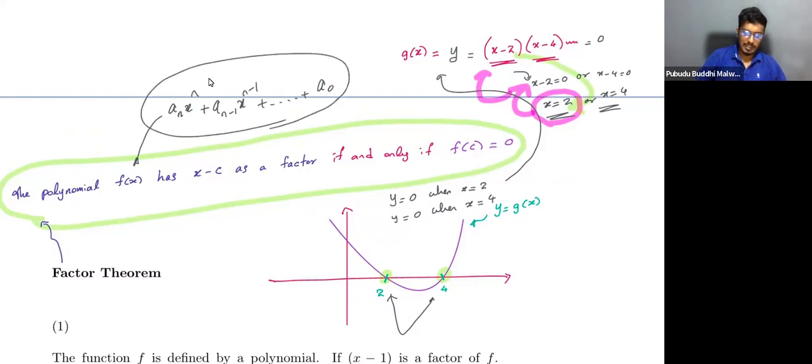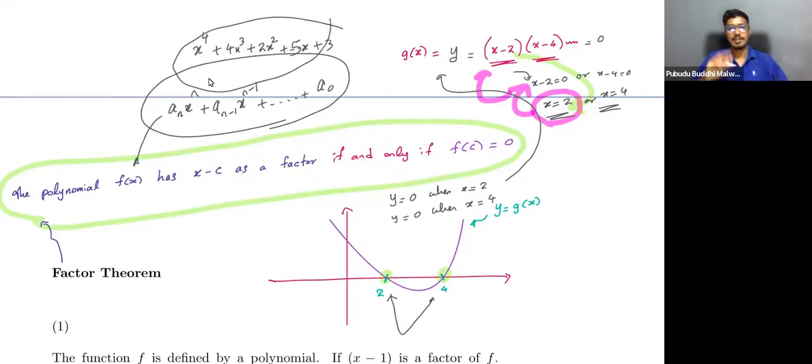Something like this, x to the power of 4 plus 4x cubed plus 2x squared plus 5x plus 3. That's an example for a polynomial like that. So now the idea is simple. If the polynomial f of x has x minus c as a factor, if and only if, which means you can go both ways, this direction or this direction, right?